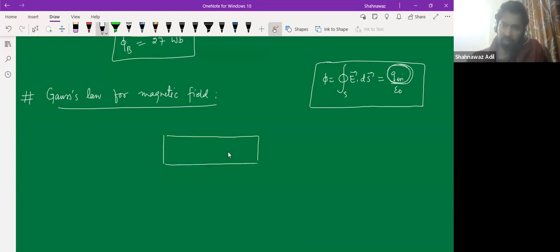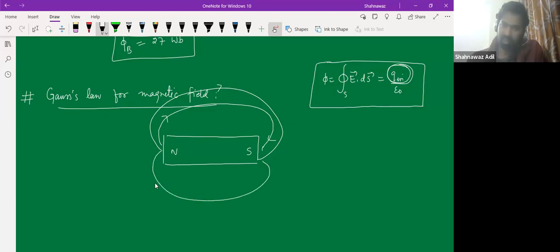Let's say this is the North Pole and this is the South Pole. The magnetic field lines come from the North Pole and go into the South Pole.